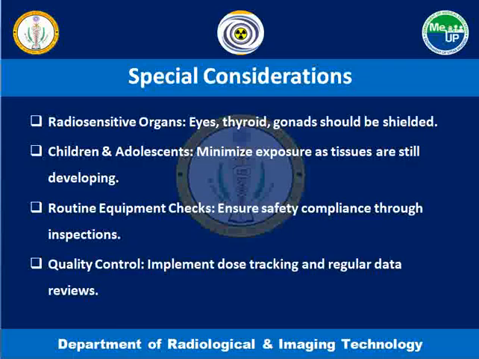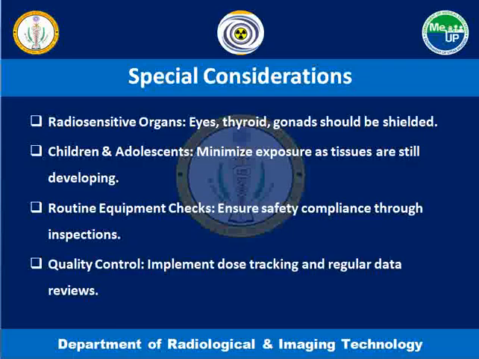Next, special considerations. Certain precautions must be taken to protect vulnerable organs and individuals from excessive radiation exposure. Radiosensitive organs, such as the eyes, thyroid, and gonads, should always be shielded to prevent potential long-term damage. Children and adolescents require special attention, as their developing tissues are more susceptible to radiation effects, making it crucial to minimize their exposure whenever possible.